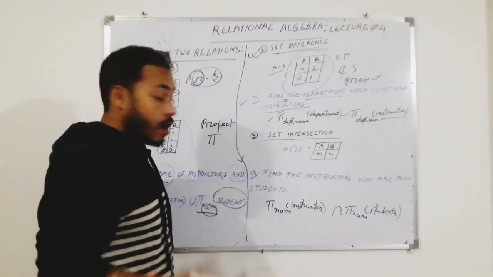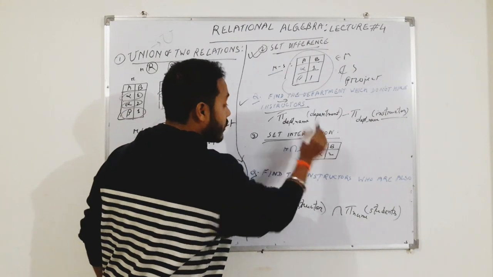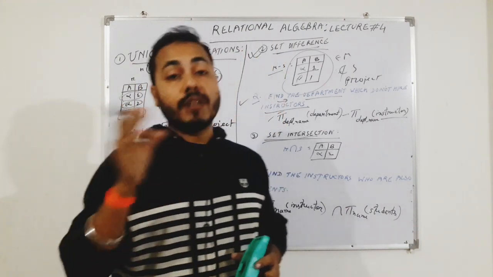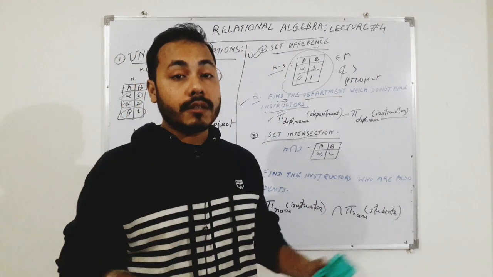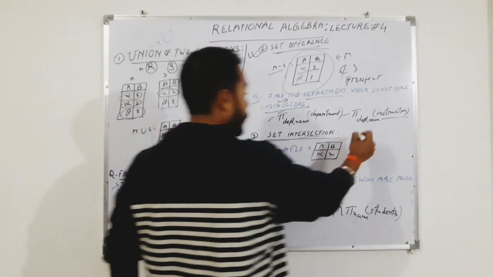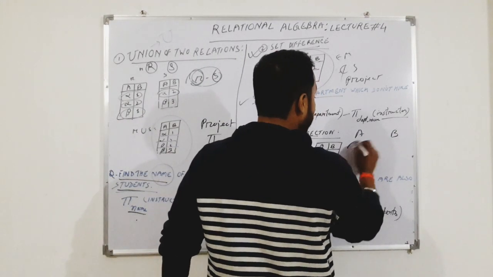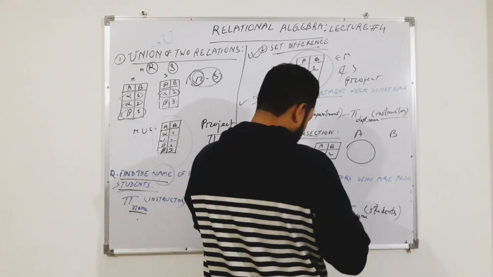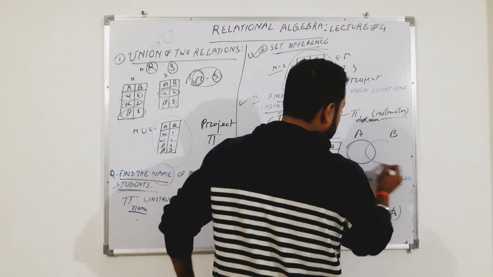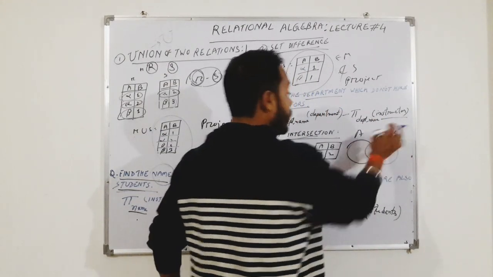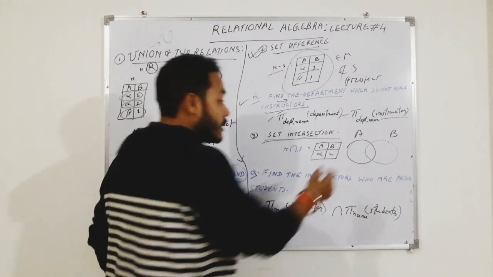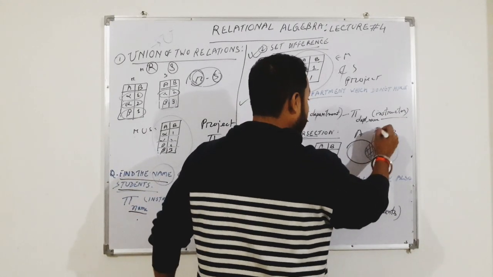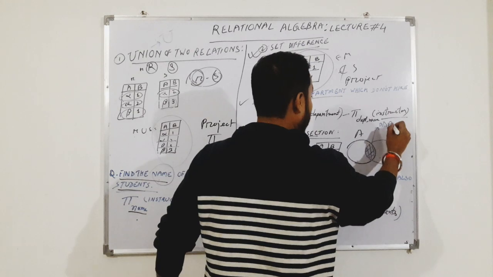Then coming to the next one, that is set intersection. From the term intersection, what do we mean? The common thing. Two sets are there, A and B. If I use a Venn diagram to represent set A, and suppose I use this circle to denote B, then this portion will of course denote the intersection, and this is denoted by this symbol.